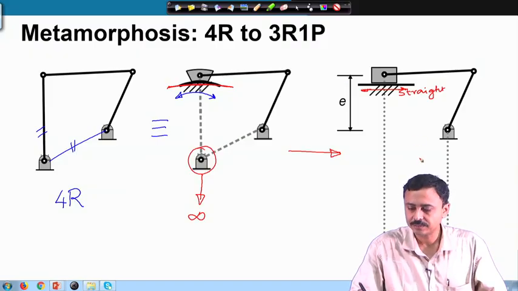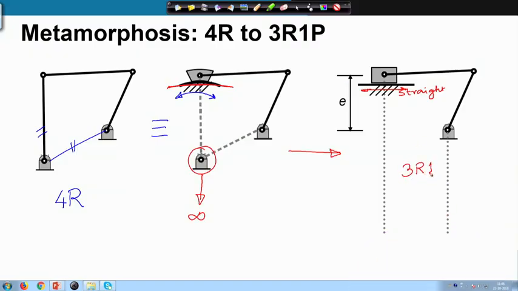What we have here is a 3R1P chain. Now, notice in this 3R1P chain the link lengths. 2 link lengths are infinite. So, this link length is infinite and this link length is infinite.